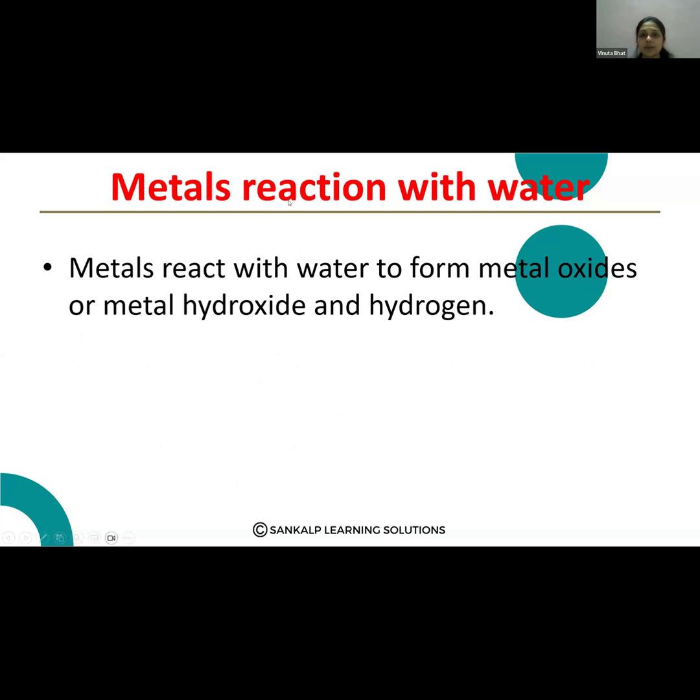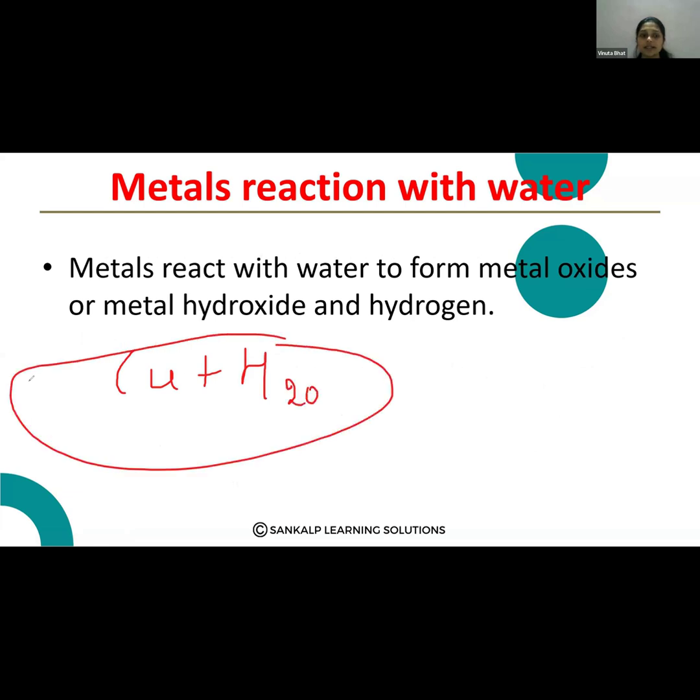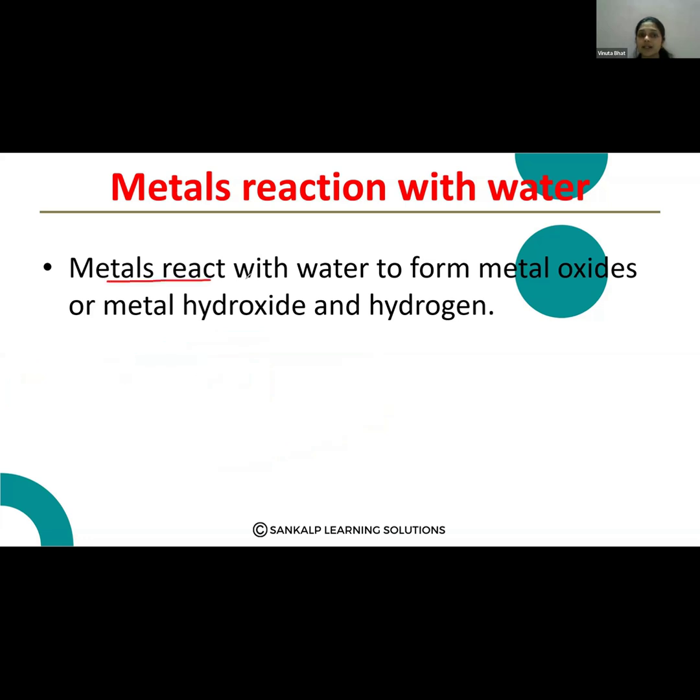See here, just imagine copper, does it react with water? So let us see. Commonly, metals react with water to form metal oxides or metal hydroxides and hydrogen. Okay, so that is the answer.